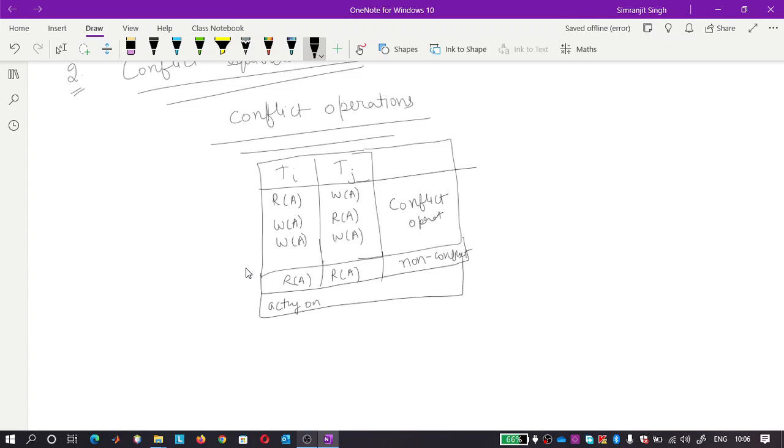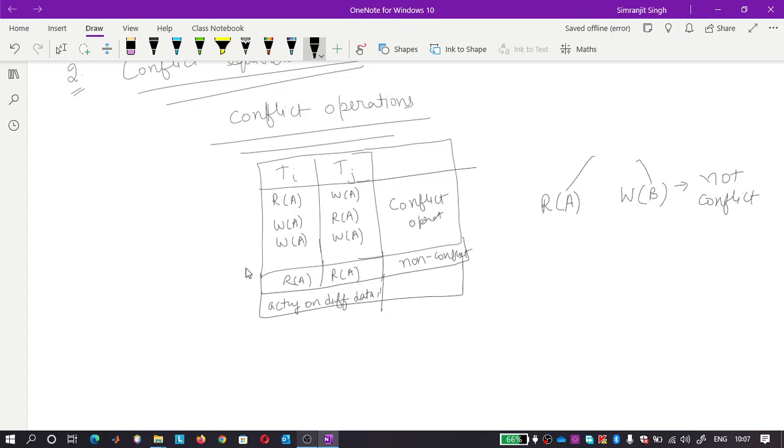Different data items means that suppose T1 is reading the value of A, and another transaction T2 is writing the value of B. These two are different data items, so there will never be a conflict. So this is not a conflict. Keep that in mind.